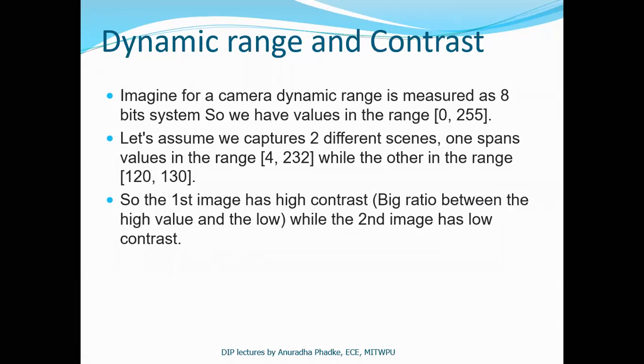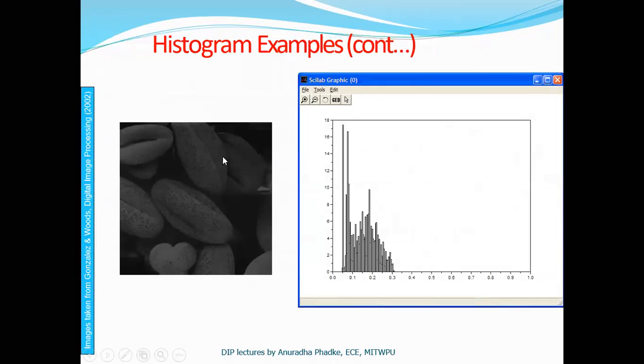Now let us see how the histogram is useful to get an idea about contrast. If you look at this image, this might be an image captured in the dark. If you look at the histogram, the total range is 0 to 1, if we consider continuous gray values.